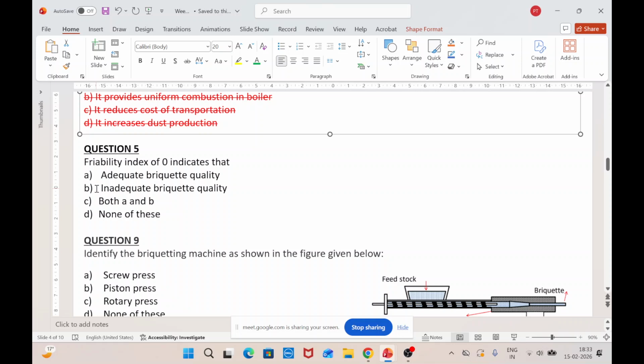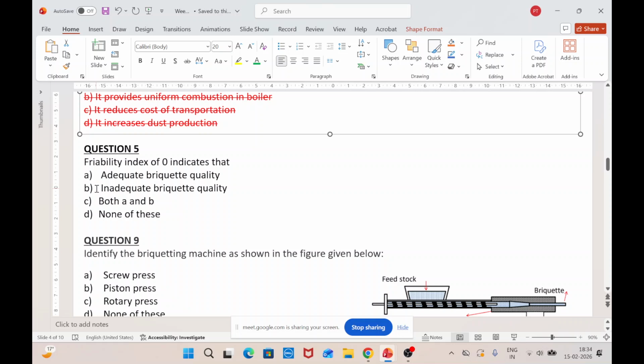So it determines whether that briquette has adequate quality to resist that particular shock and remain viable and remain useful. That particular property is called the friability of the briquette.